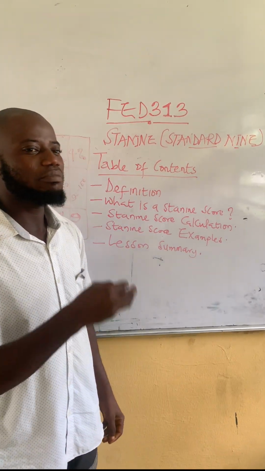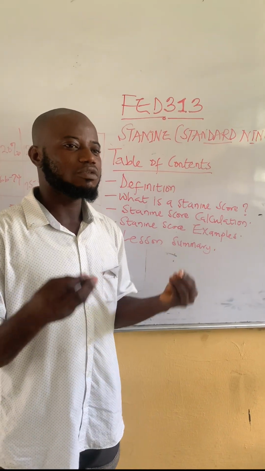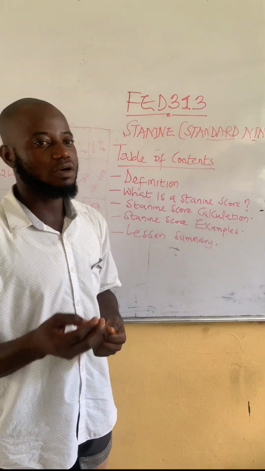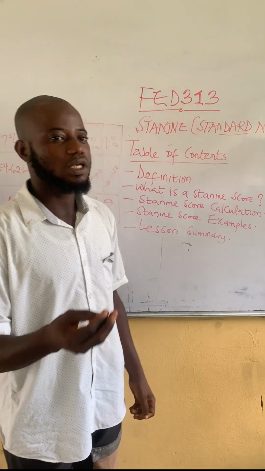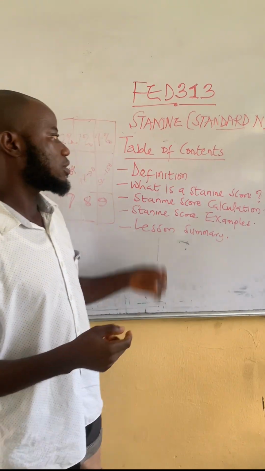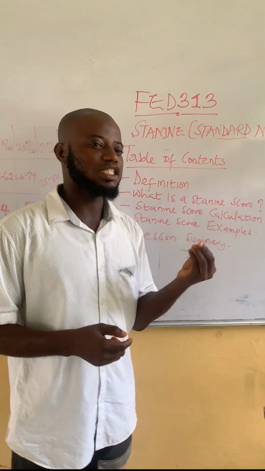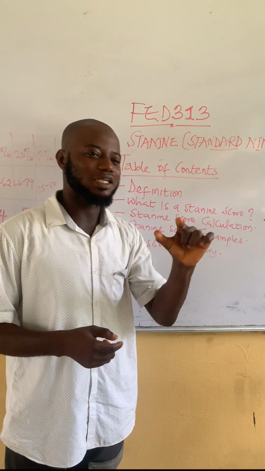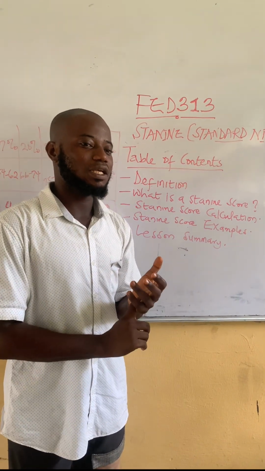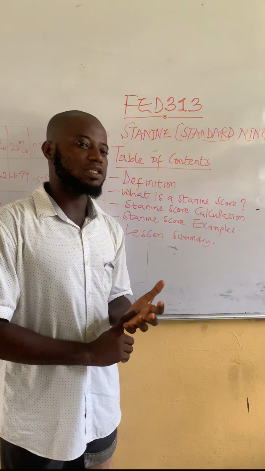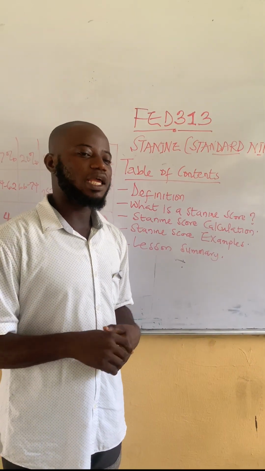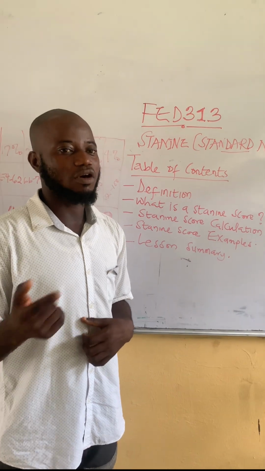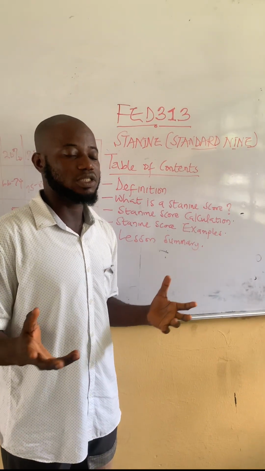A Stanine is the process of computing achievement test scores after a test. In computing, the achievement test score is ranked, assigned through the use of numbers from 1, 2, 3, 4 to 9, unlike the other processes of rewarding scores where they use letters.